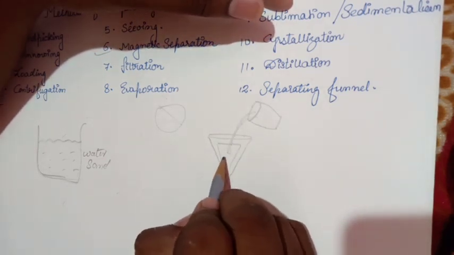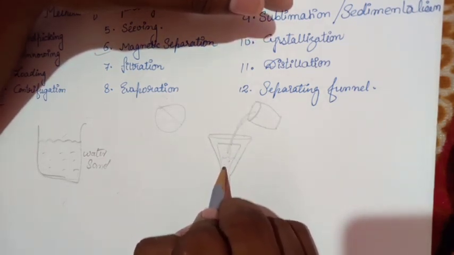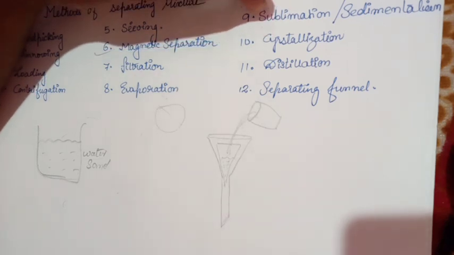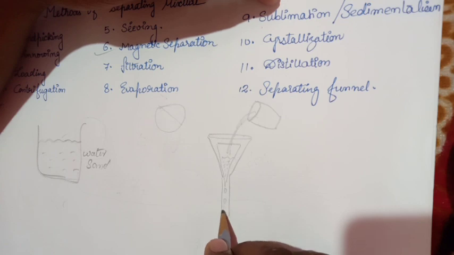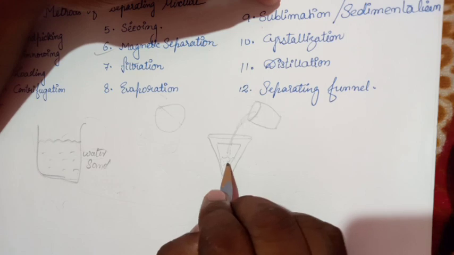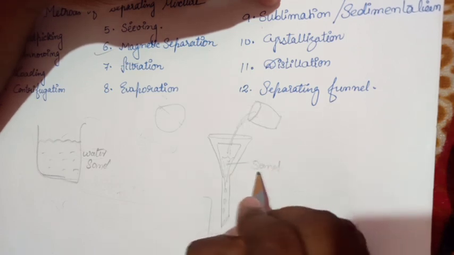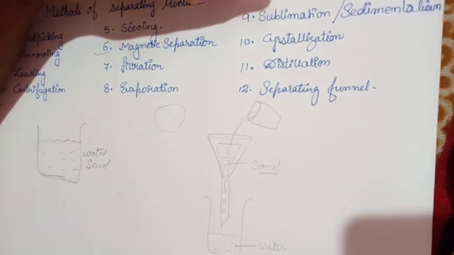So what will happen? The sand particles will be collected in the filter paper, and the water will flow drop by drop and will be collected in another beaker. We'll get the water from the sand. This process is known as filtration.